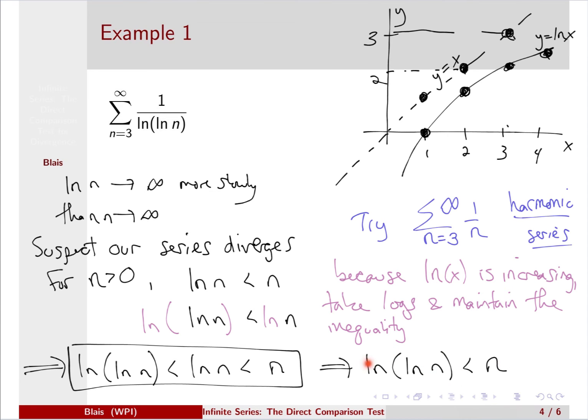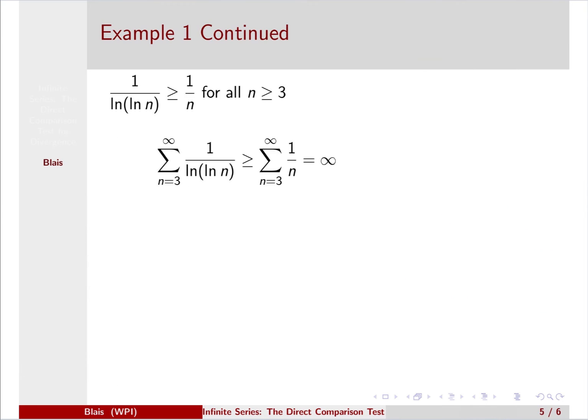And notice what we've done. Here we have the denominator from our series. Here we have the denominator from the harmonic. So if we cross multiply, we have that 1 over natural log of natural log of n is greater than or equal to 1 over n.